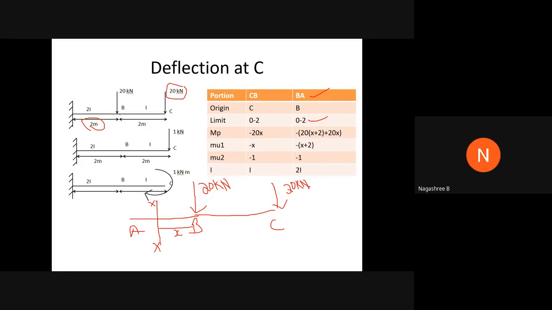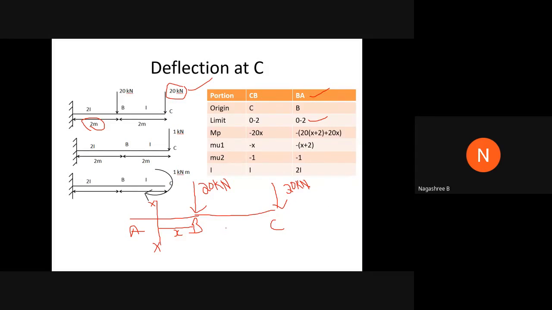But in the case of point B, we have the previous point C, carrying the 20 kilonewton load. So the effect of this 20 kilonewton, exactly on point C, should also be considered while calculating the moment between AB, because that is also a contributing factor.